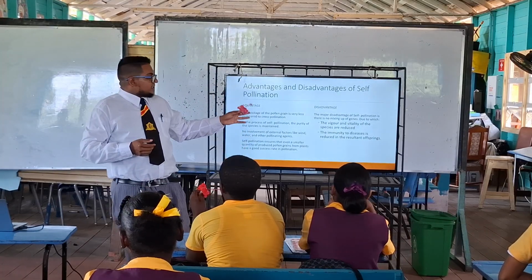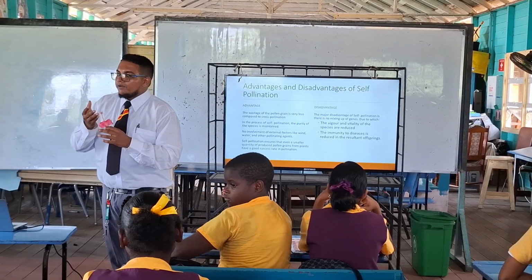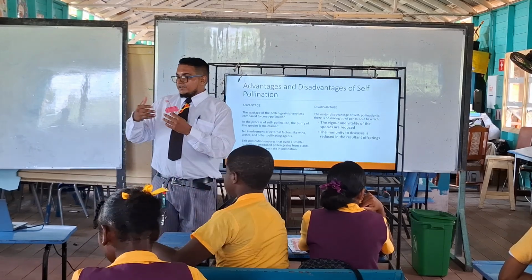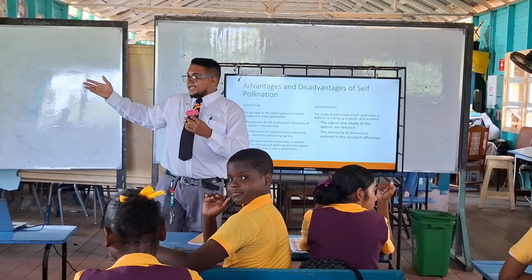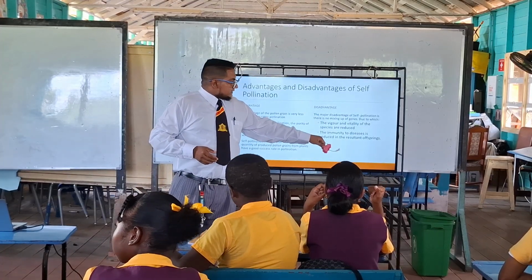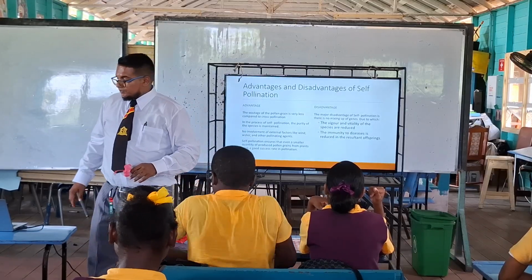So a disadvantage of self-pollination is that the genetic material from one flower fertilizes itself, so you just clone it. If it gets sick, every flower will get sick, every plant will get sick. The immunity to disease is reduced in the resulting offspring.